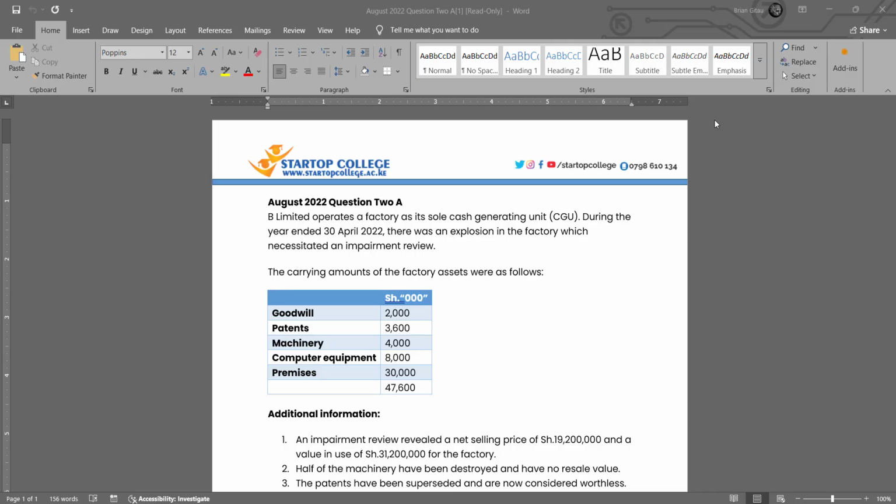We have additional information. Number one, an impairment review revealed a net selling price of 19.2 million and a value in use of 31.2 million for the factory. Half of the machinery had been destroyed and now had no resale value, and the patents have been suspended and are now considered worthless.